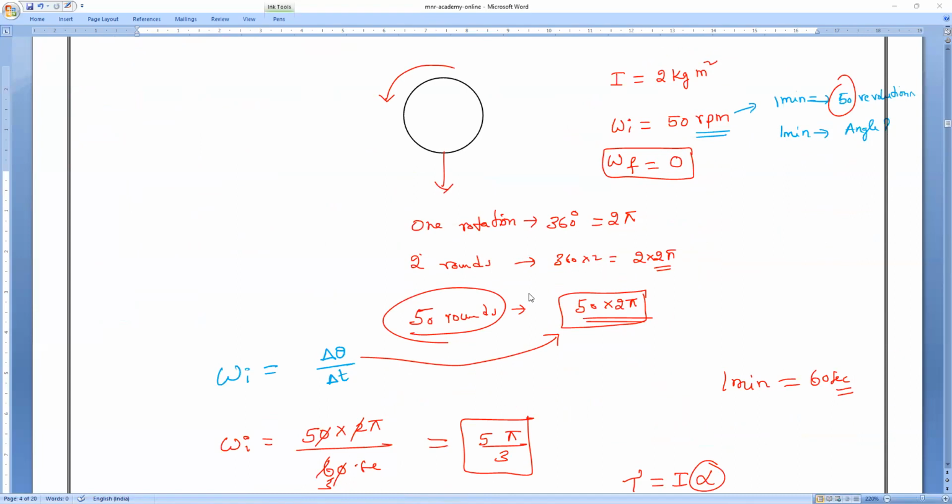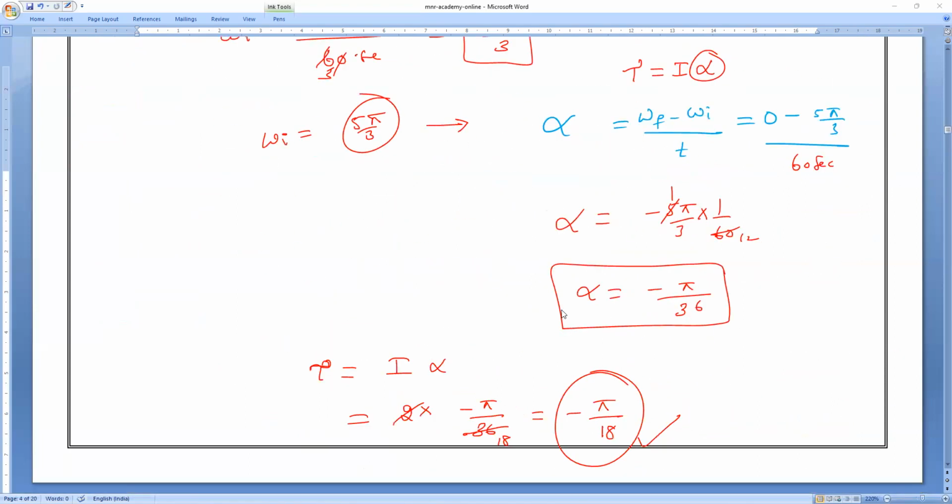Understand? Yes. So you have to solve very clearly. If you do not solve, then there is no use. That's what it is. You can make it.